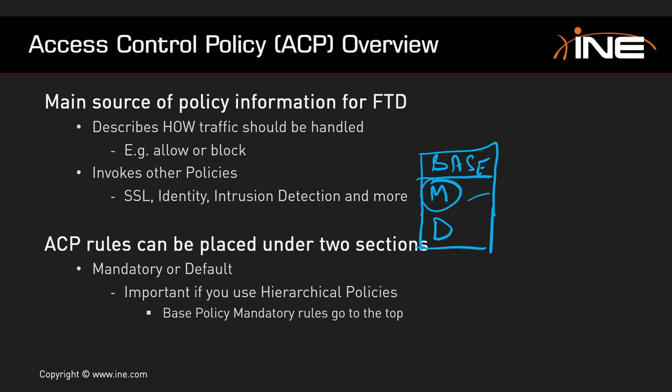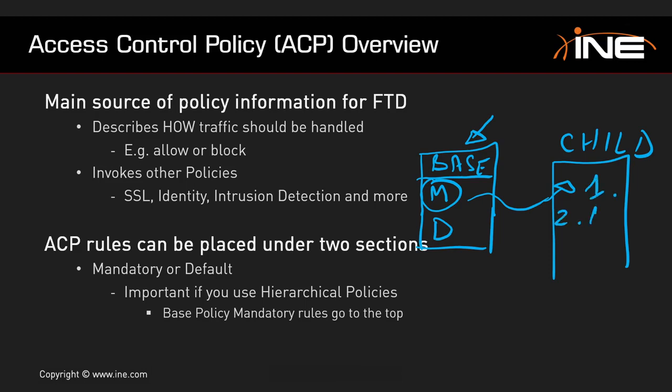Those rules will be added on top of the child policy that uses this policy as a template. So those rules will be put over here into the first portion of the policy.